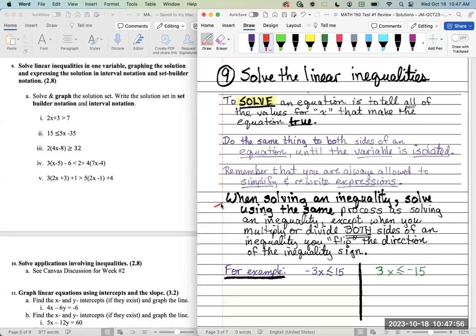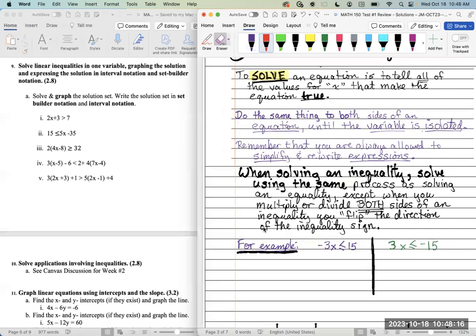When you're solving an inequality, you're going to solve using the same process as solving an equality, except when you multiply or divide both sides of your inequality by a negative number, that's when you flip the direction of your inequality. For example, negative 3x is less than or equal to 15. My goal is to isolate the x.